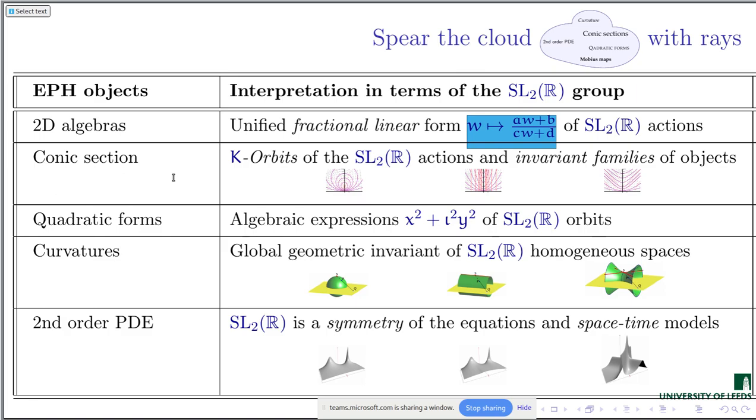Conic sections appear as the orbits of the corresponding actions. And since they are orbits, it's easy to demonstrate that they form an invariant family of curves. For geometry in complex numbers, the invariant family are circles. For fractional linear transformation in dual numbers, the invariant family are parabolas. And for double numbers, the invariant family is formed by hyperbolas.